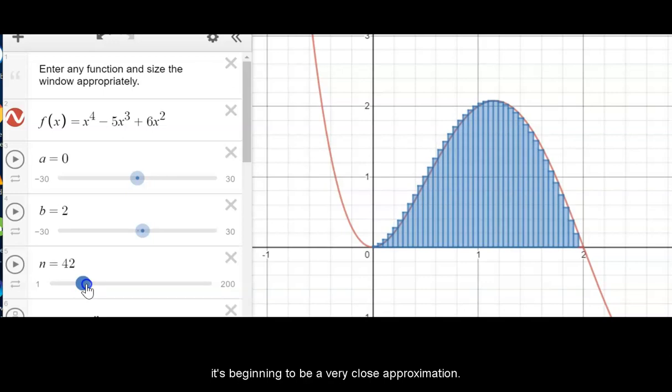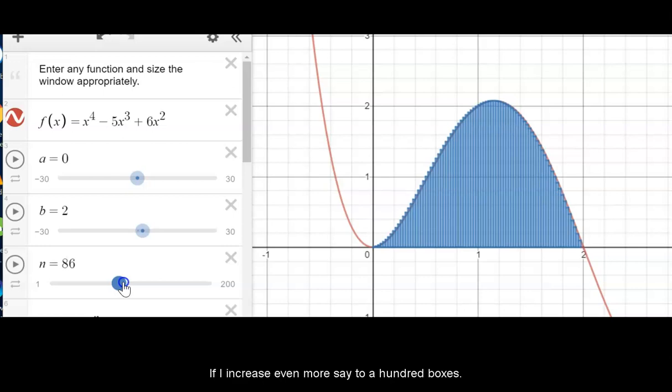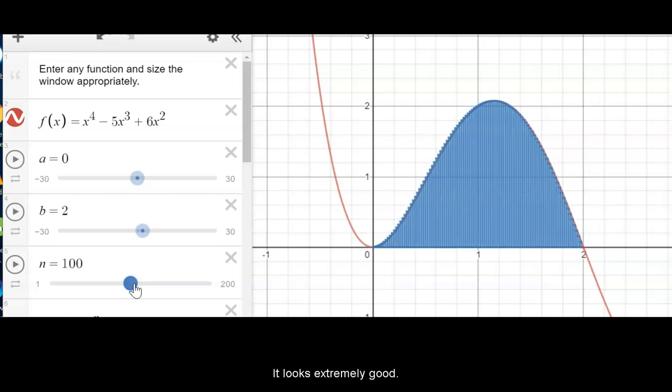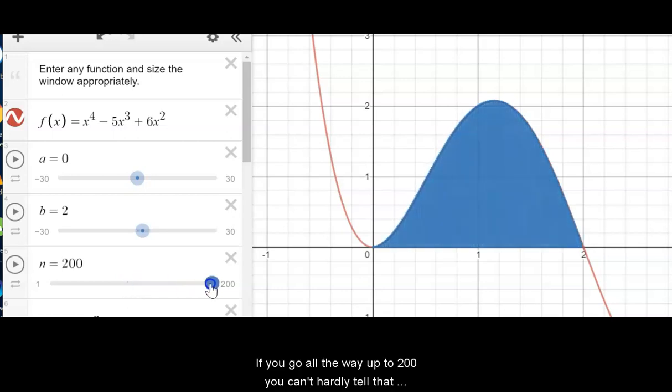It's beginning to be a very close approximation. If I increase even more, say to 100 boxes, it looks extremely good. If you go all the way up to 200, you can hardly tell that that is in fact an approximation and not the exact area under the curve.